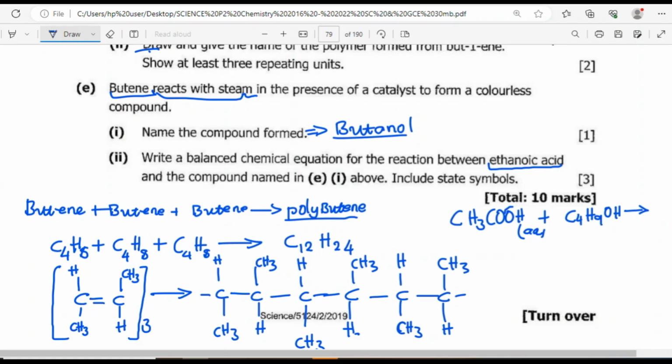So from the acid part we remove hydroxide, then from the alcohol part we remove the hydrogen, then the remaining is CH3COOC4H9 plus H2O as our final answer. So an acid reacts with an alcohol to form an ester. Then if the question is what name is given to this process, it is known as esterification.